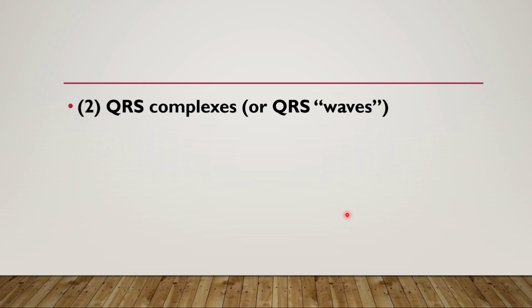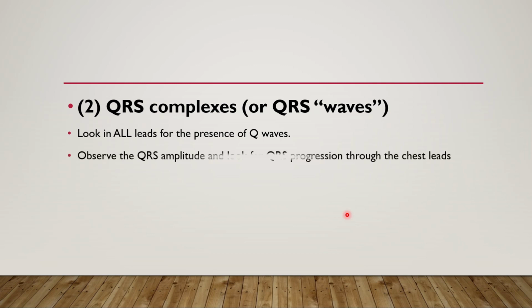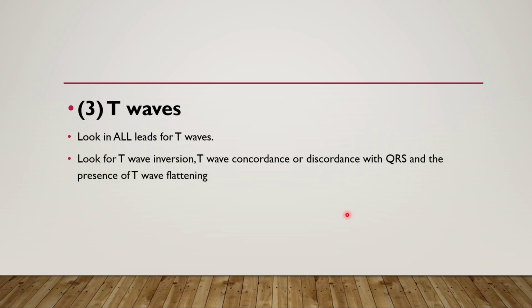We should look for the presence of Q waves in limb leads or chest leads. Similarly, the amplitude and progression of the QRS complex should be looked for along with the duration of the QRS complex. Third is T waves. T wave inversions or T wave flattening can denote the presence of ischemia. Also, we should look for any presence of U waves which denote hypokalemia.